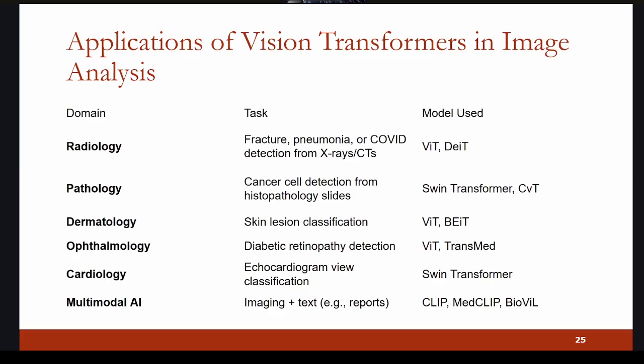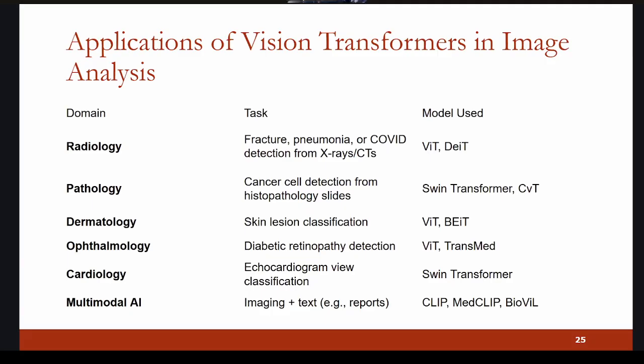Similarly, pathologists are using them to classify the cancer cells into different classes. For that, they are using Swin transformer. Likewise, people in different domains are using different vision based transformer models to perform different tasks.